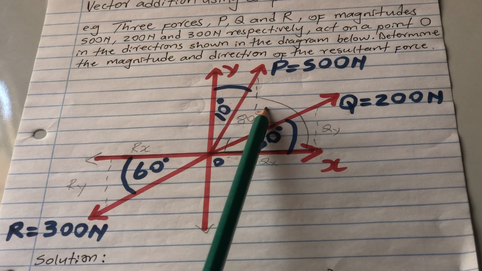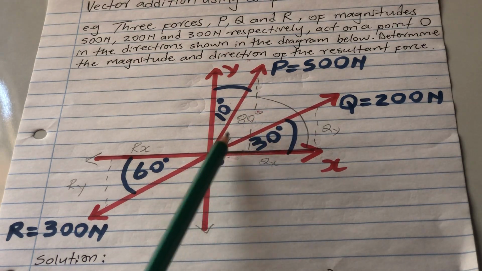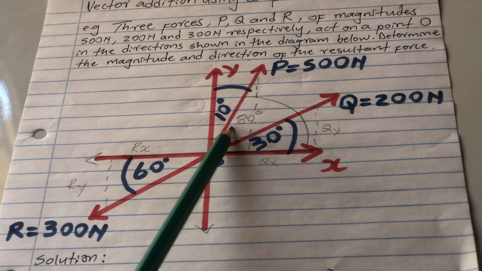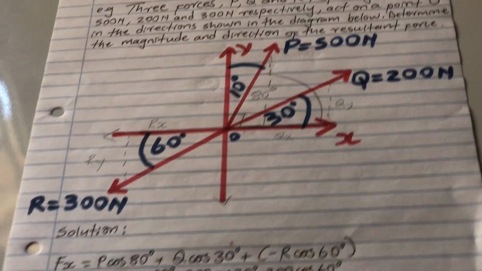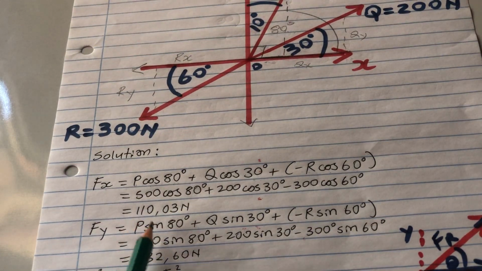For sure, this time it will contain what? It will contain sine, because this side is opposite to this angle, 80 degrees. That's why here you can see that we now have P sine 80 degrees plus.